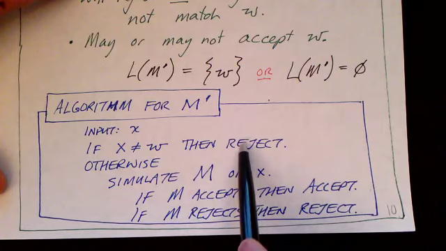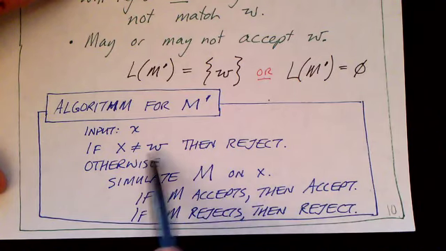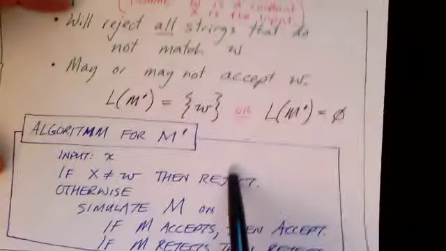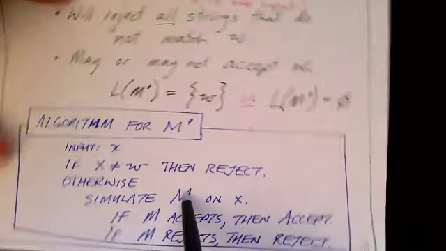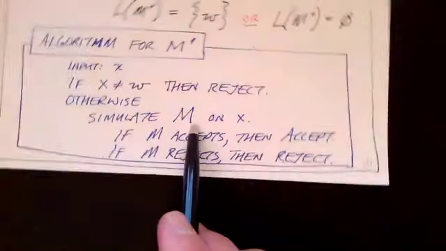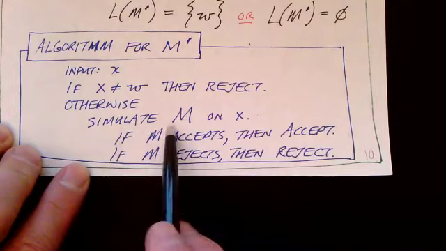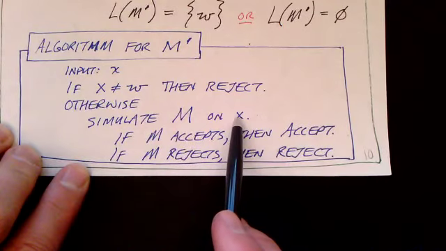So in this way, any input to M prime that is not equal to W is rejected and not in the language. And then what M prime does is it includes M as a subroutine, and it just runs it or simulates it on X.